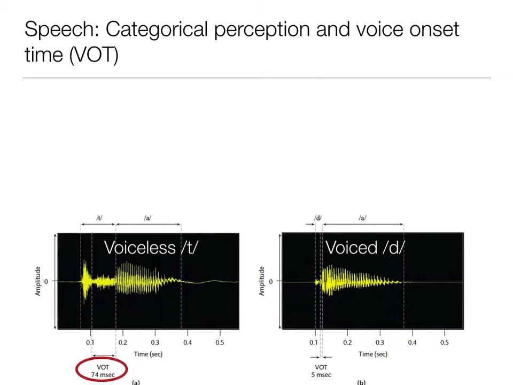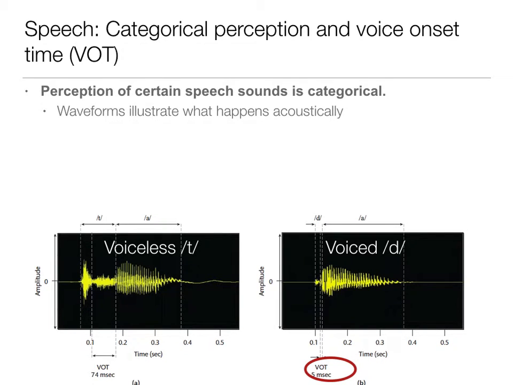So to talk about that further, for the difference between the ta and the da, we're going to see a longer voice onset time of 74 milliseconds being really indicative of a ta, whereas a shorter one of 5 milliseconds is really indicative of a da. The ta is voiceless, and the da is voiced.